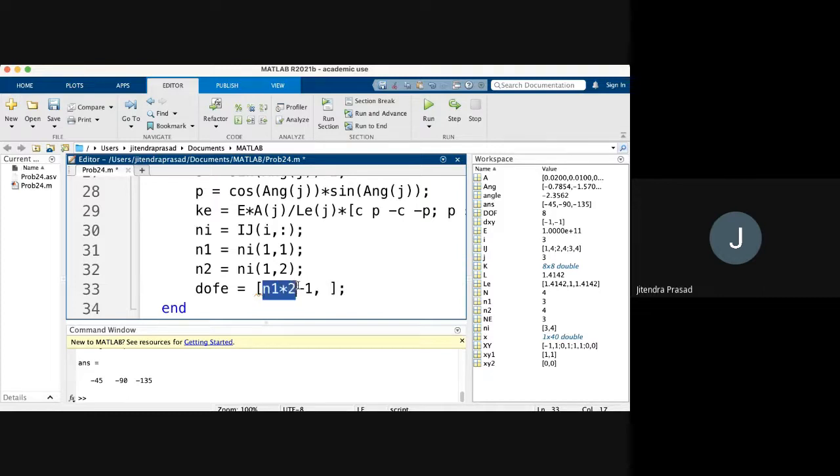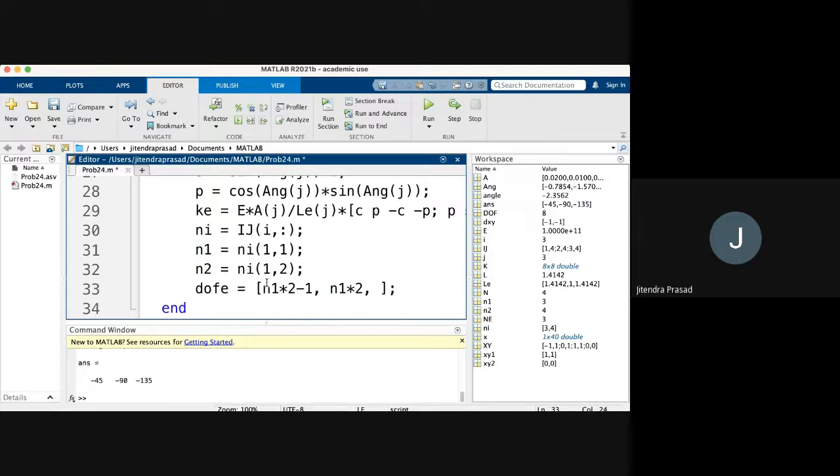N1 multiplied by 2, sorry, the second degree of freedom will be this. So if n1 is equal to 1, then 1 times 2 is 2, minus 1 is 1, right? So this becomes 1. Then n1 is 1, multiplied by 2 is 2. So it becomes 1 and 2 here.